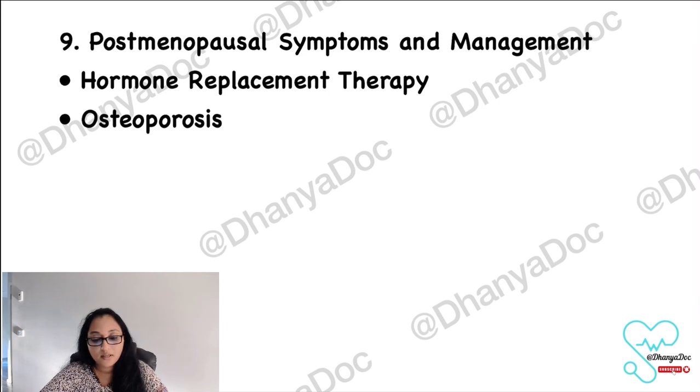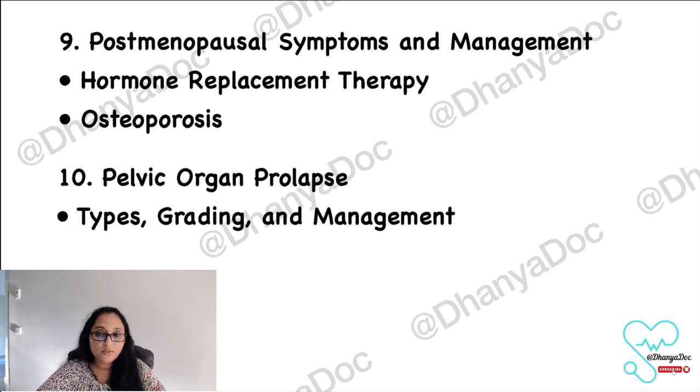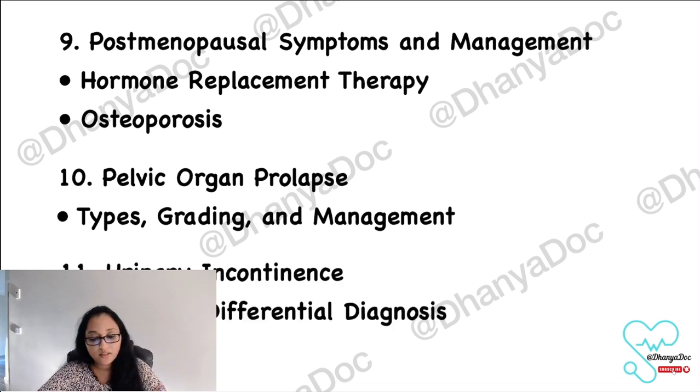the management part. Another topic is pelvic organ prolapse and urinary incontinence. This is purely a postgraduate topic, and it is not that high yielding, but you should know about the common types of pelvic organ prolapse, the grading and the basic management part.